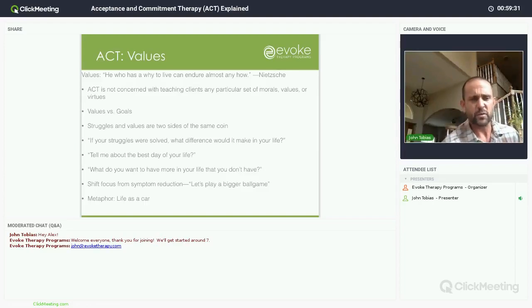This next concept is that struggles and values are 2 sides of the same coin. This is interesting to me, and this is a fairly recent idea that I heard, and I can't remember where I got it from. I'll use social anxiety as an example.